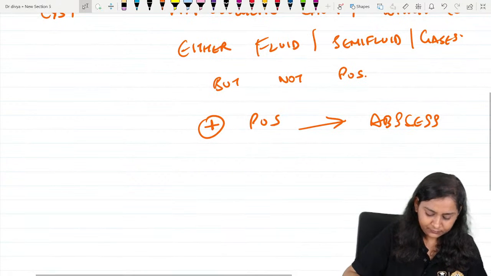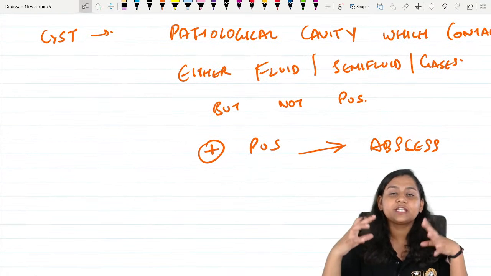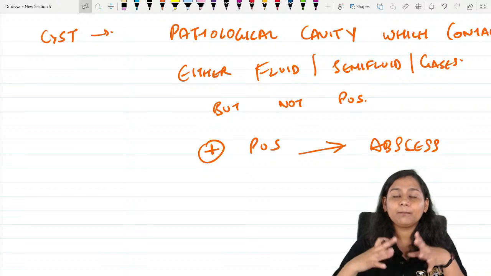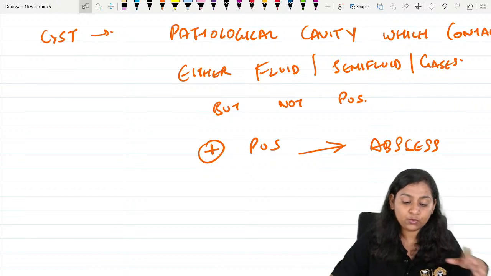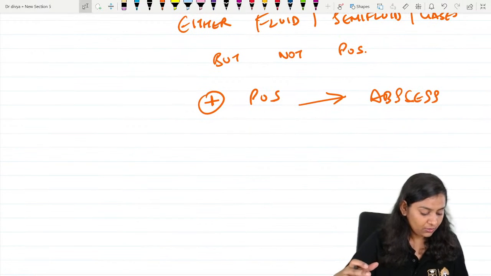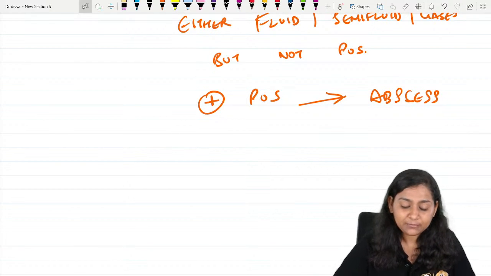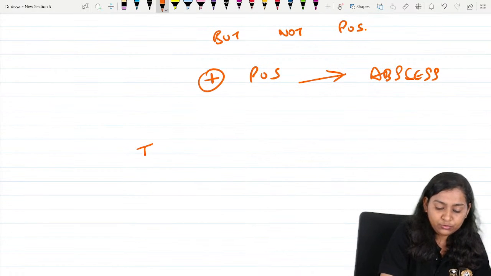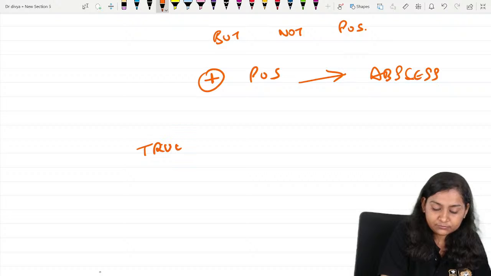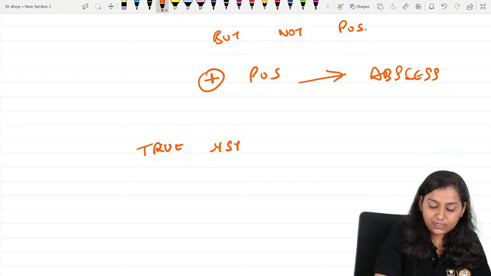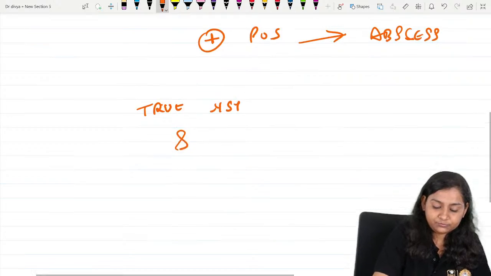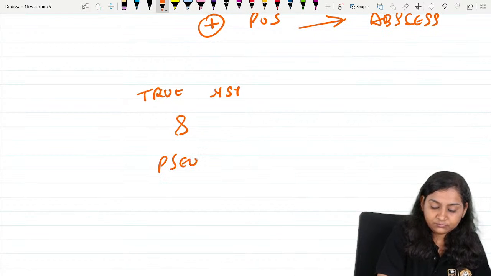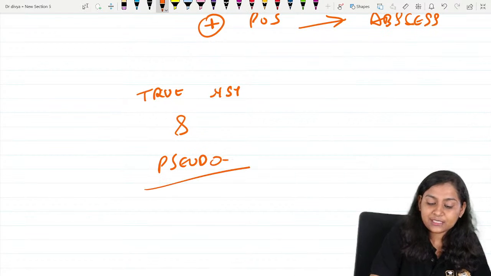Okay. Now this cyst is frequently lined by epithelium, but it is not always true. So based on the presence or the absence of epithelium, the cyst is divided into true cyst and pseudocyst. So what do you mean by true cyst?